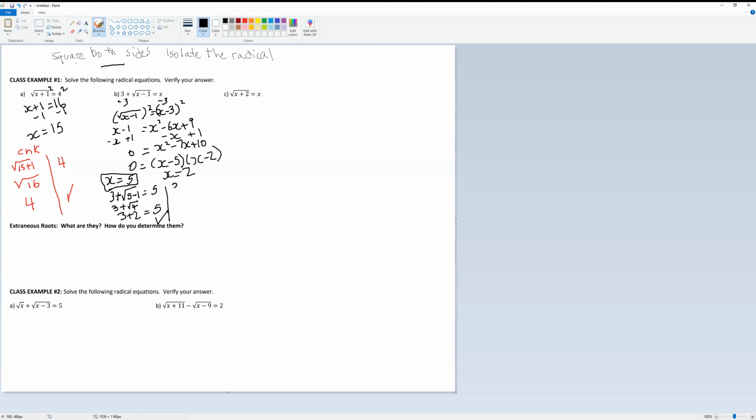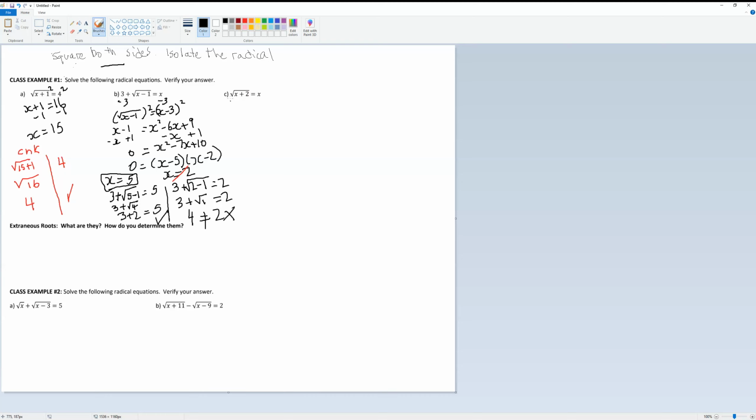So 3 plus the square root of 2 minus 1 equals 2. So 3 plus the square root of 1 equals 2, and you'll see here that we get 3 plus 1, which is 4, and that does not equal 2. So this does not work. We only have one solution in this, and it is x equals 5. This is not a solution, so I'm just going to cross it out in red.